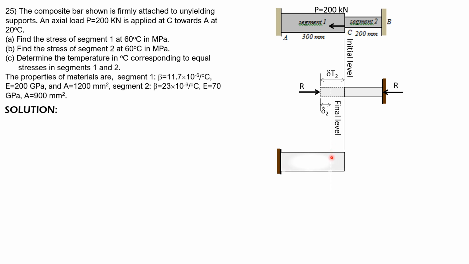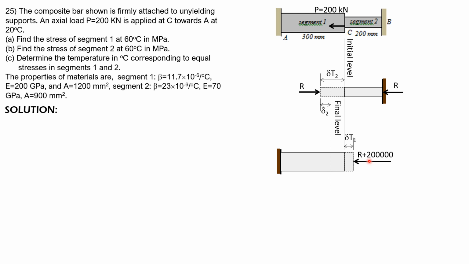So beginning here, this is segment 1. Originally, it begins there. Then we allow it to expand, so it will increase further. And because of compatibility, this is due to thermal expansion of segment 1, so call that delta T1. And because this is the final level of the second segment, and there should be no change, this distance should be the deformation due to stress in segment 1.